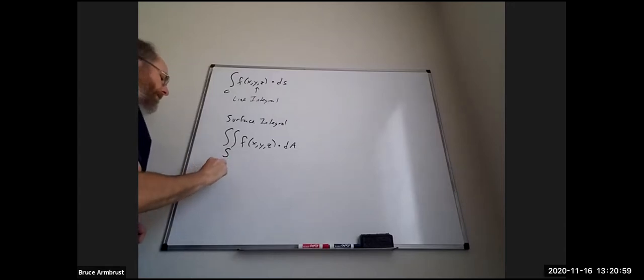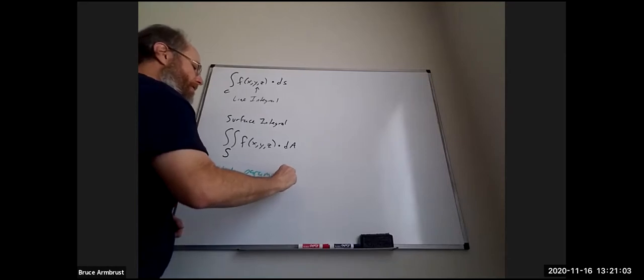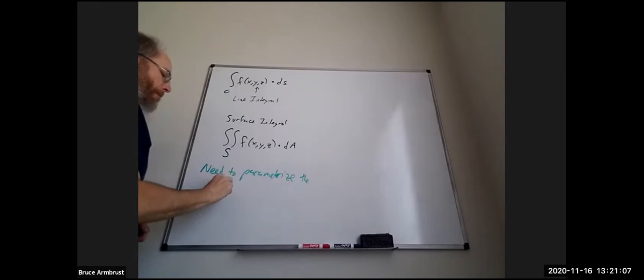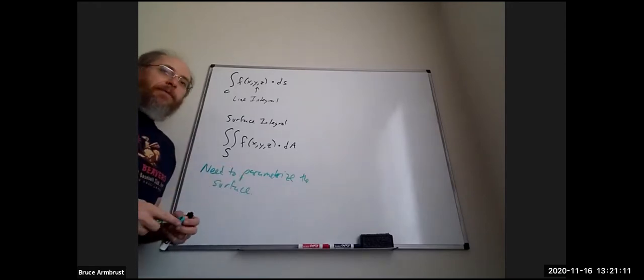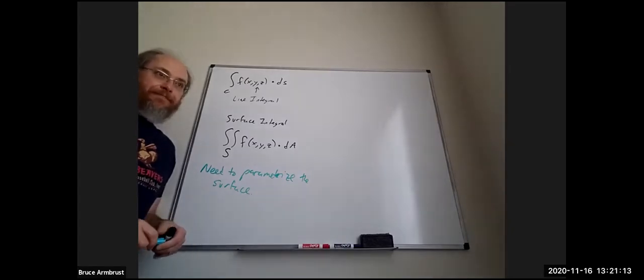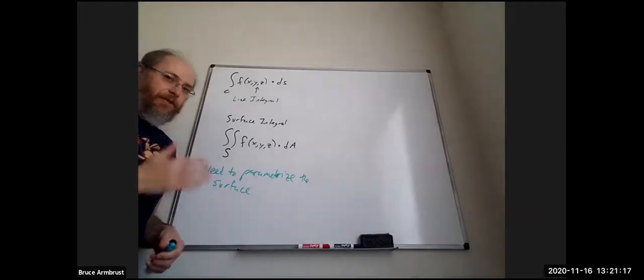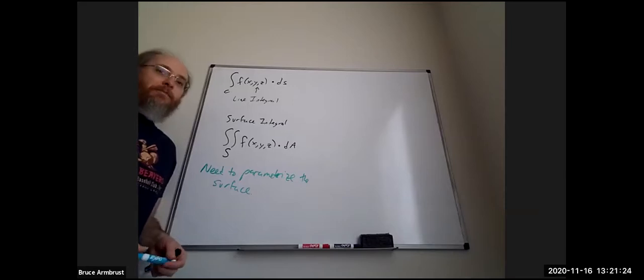We need to parameterize. Okay, now this is something you've probably never done before. If you came through our sequence, you don't see this up to this point, but potentially you took math classes elsewhere, and so you might have seen it, but most likely you haven't.